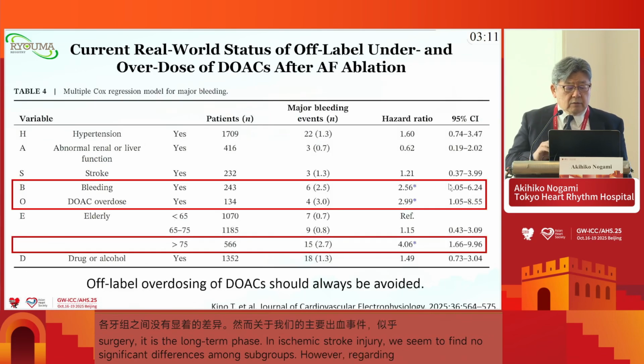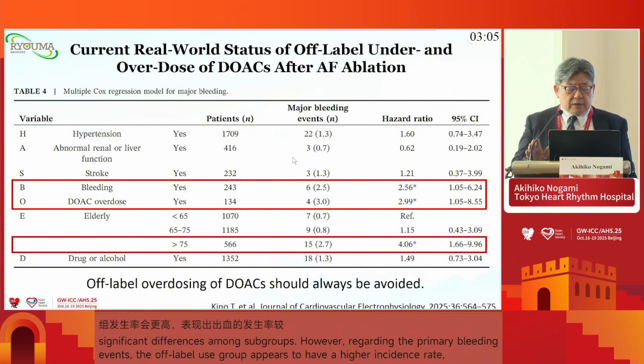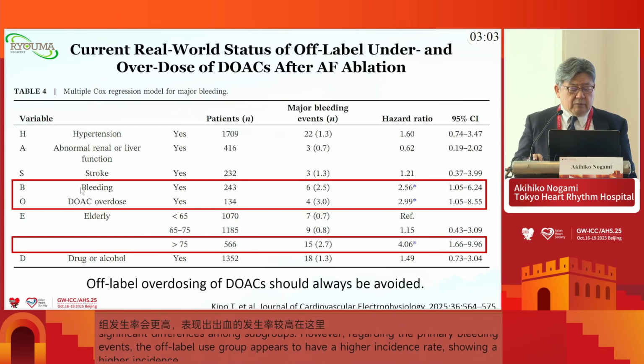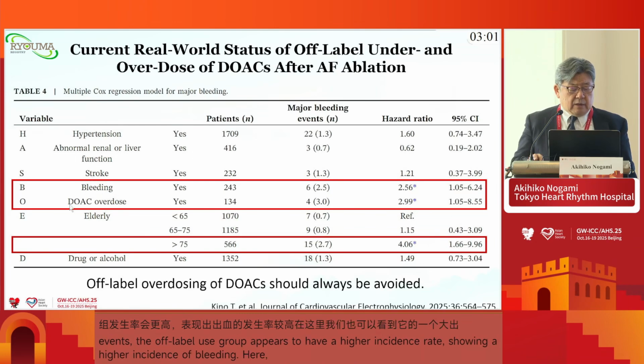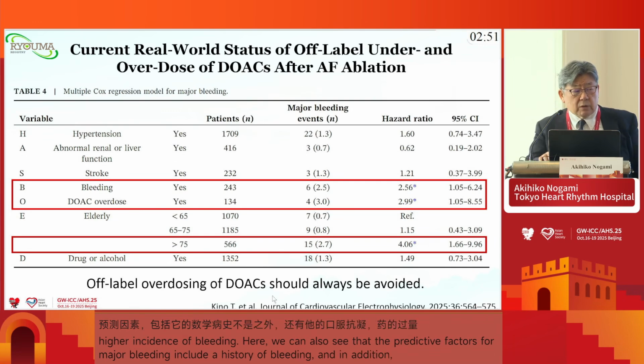So this is the comparison of the predictive factors of major bleeding: a history of major bleeding, DOAC overdose, and old age over 75 years. Therefore, off-label overdosing of the drug should always be avoided.